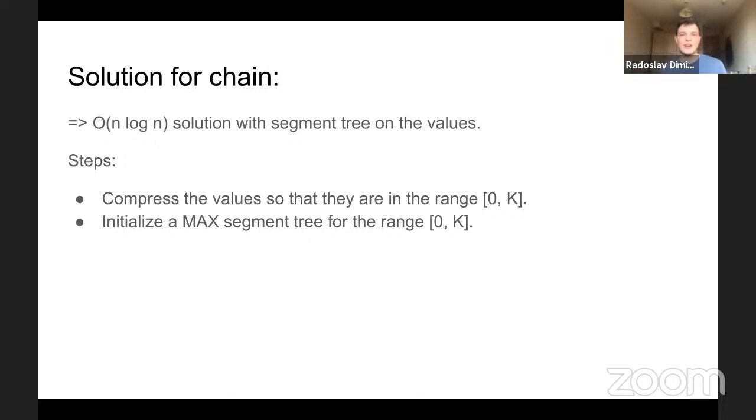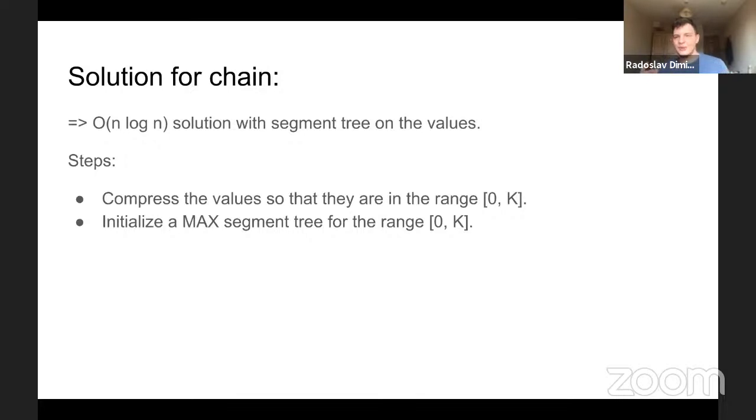We only care about the relationships between them. So let's assume that after compressing, every element is in the range from 0 to k, where k is less than or equal to n, because we have at most n distinct elements. That's the first step.